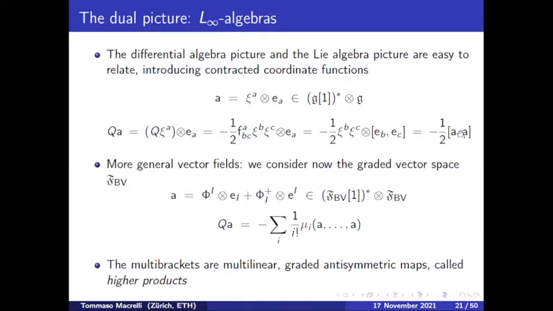Now, the general case, that is the relevant case for BV formalism, is the one where we have a graded vector space. And we have our Q that is Q_BV. This time, we can always write contracted coordinate functions and think of the action of Q_BV on them. But this action would dualize to something more complicated than Lie brackets. Indeed, we obtain on the other side a sum of multi-brackets that are multilinear graded antisymmetric, and we will call them higher products.